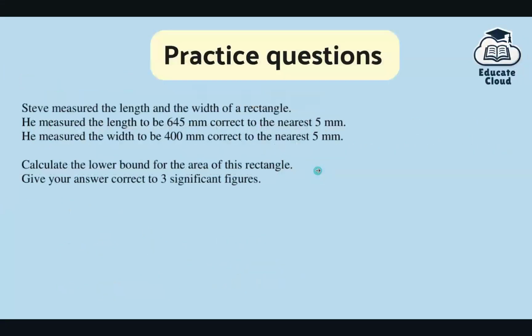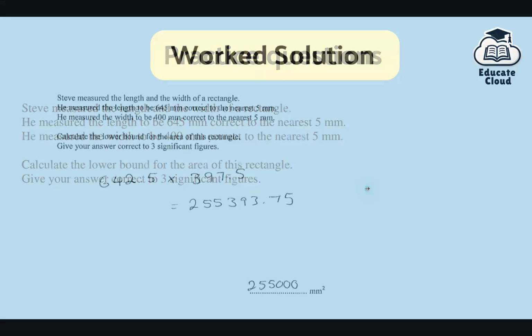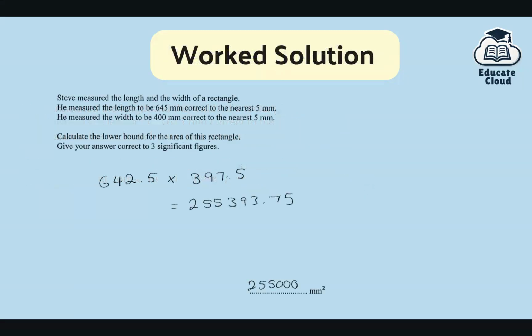Now I want you guys to pause the video and have a go, and then we'll go through them in a bit. Hopefully you've tried it. Here, Steve measured the length and width of a rectangle. He measured the length to be 645 millimeters, correct to the nearest 5 millimeters, and the width to be 400 millimeters, correct to the nearest 5 millimeters. You want the lower bound for the area, so you're going to find the lower bound for both of them.